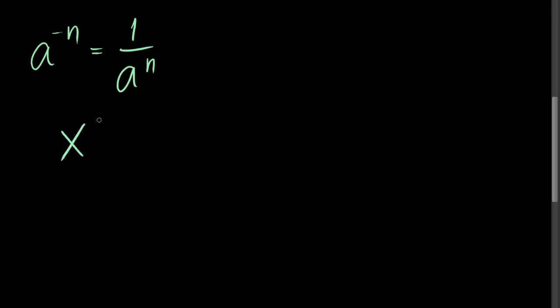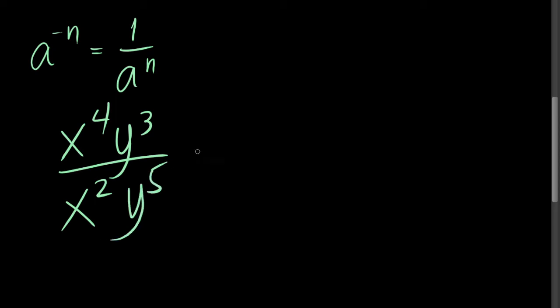So let's say x to the fourth y cubed over x squared y raised to 5. Alright. So kagina or sa previous nga example naton, we say that that's x raised to 4 minus 2, di ba? So subtracting exponents. Now you have y cubed minus 5.